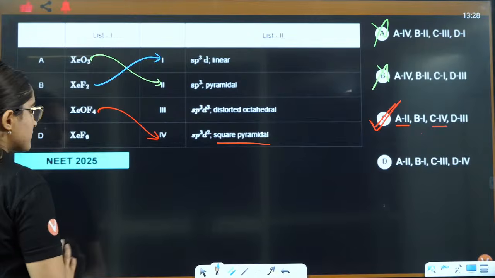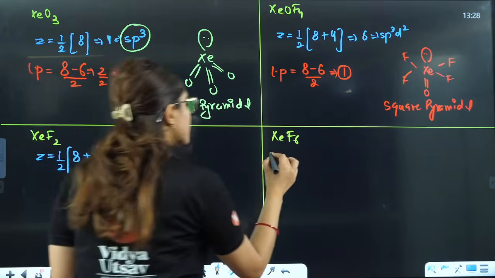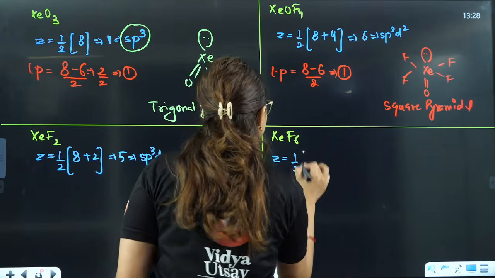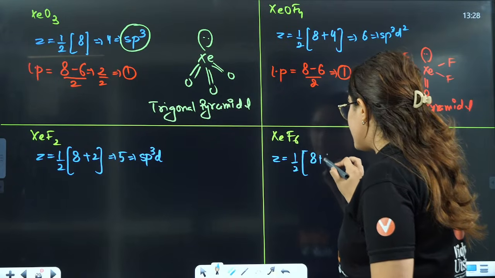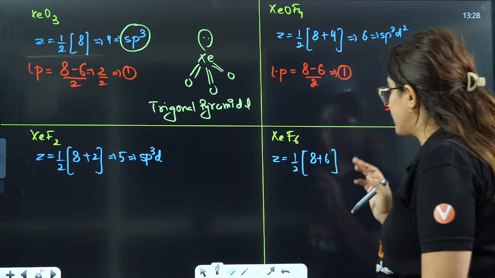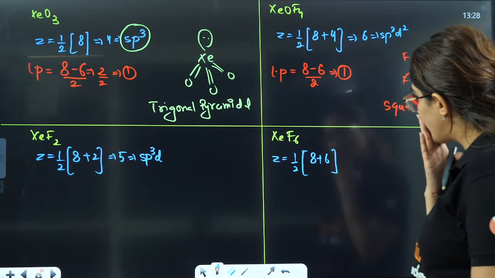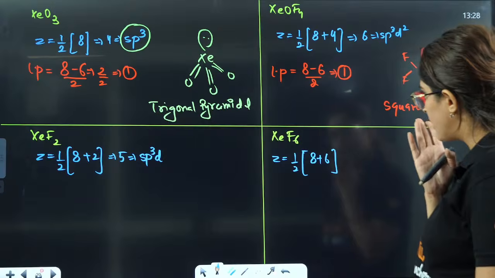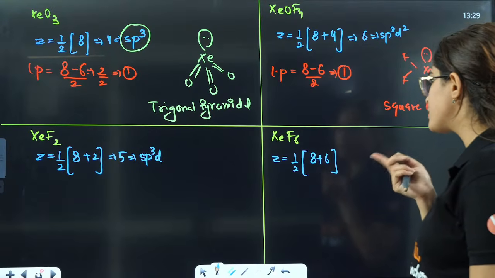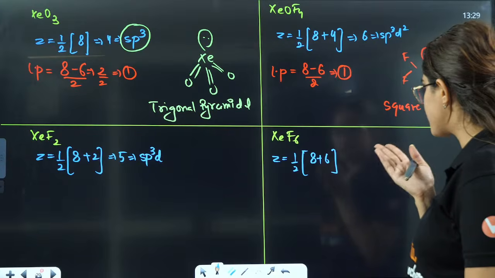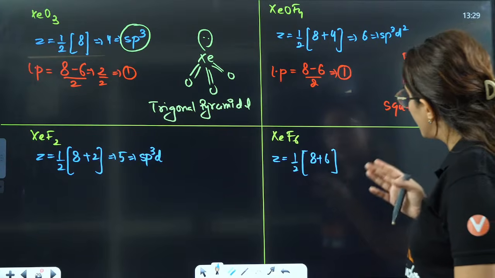And XeF6 also you can just tick the hybridization. If you see, Z is equal to half, right? This will be 8 valence electrons plus 6 monovalent. There is no positive or negative charge here.